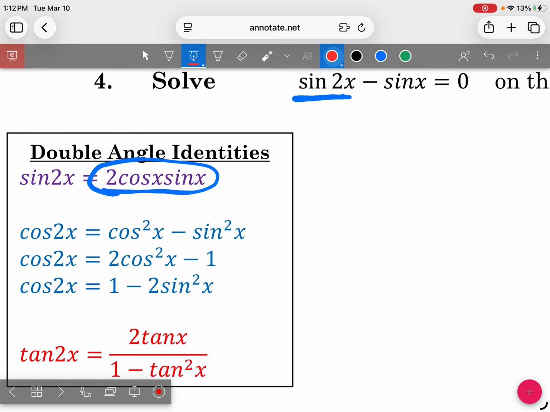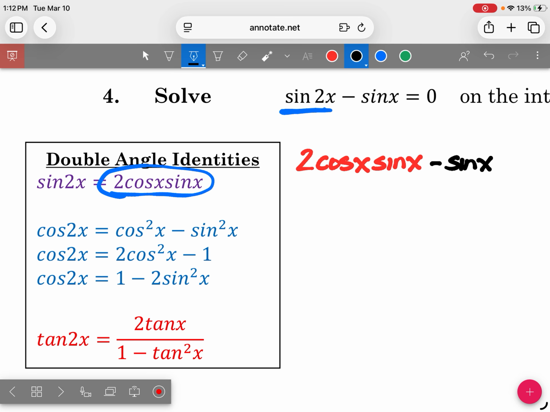So I'm going to replace that with 2 cosine x sine x, and then minus sine x equals 0. So, now what? Three letters.